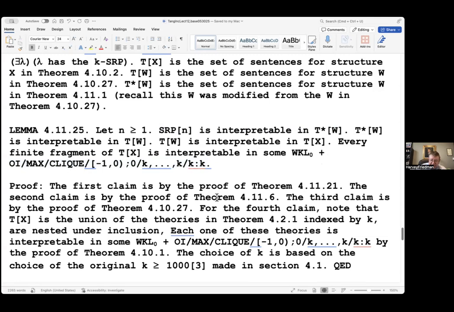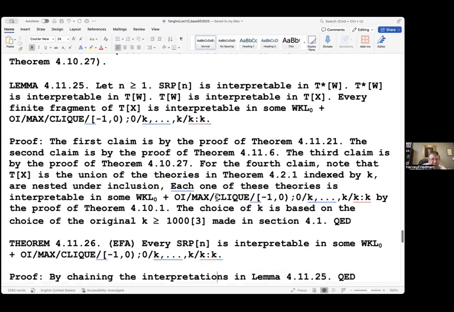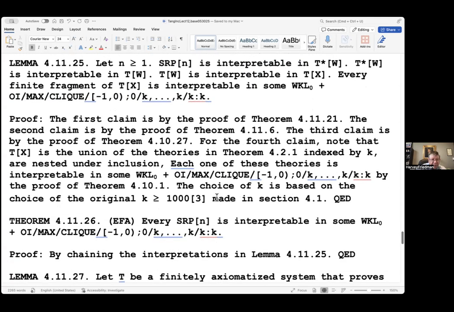And this is just from the way I set all that up in the reversal. All right, now we're ready to prove the theorem.